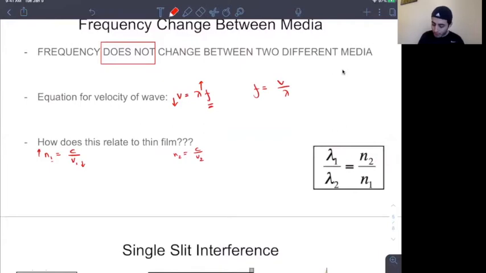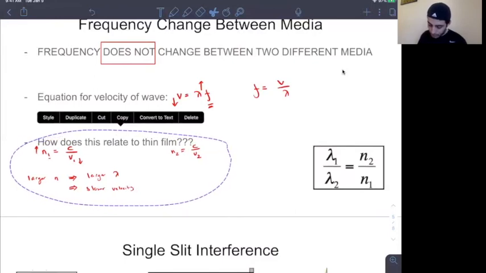So a larger n will give you a larger wavelength, but also a slower velocity. Keep that in mind: the larger the n is, the larger the wavelength will be, but the slower the wave will travel. So how exactly do we get this equation over here? Let's try to derive this, shall we?